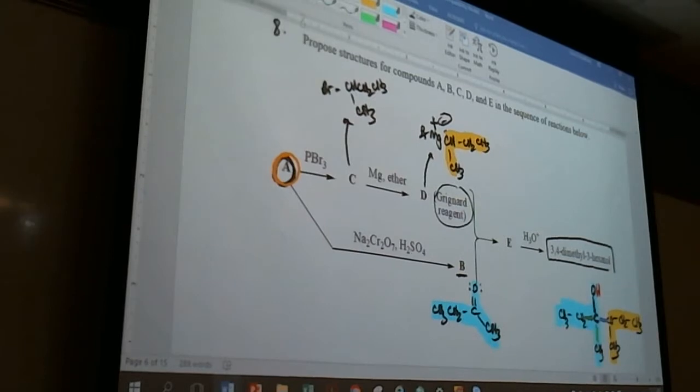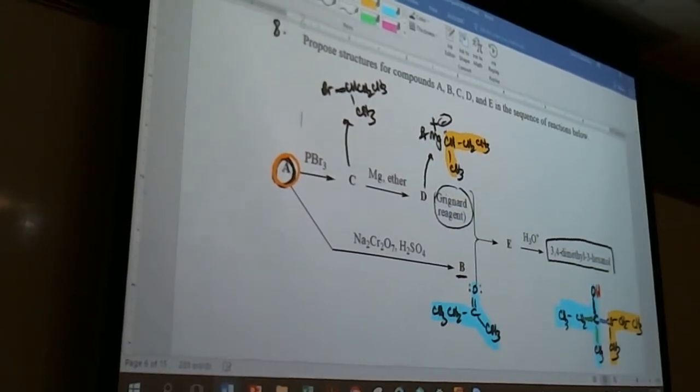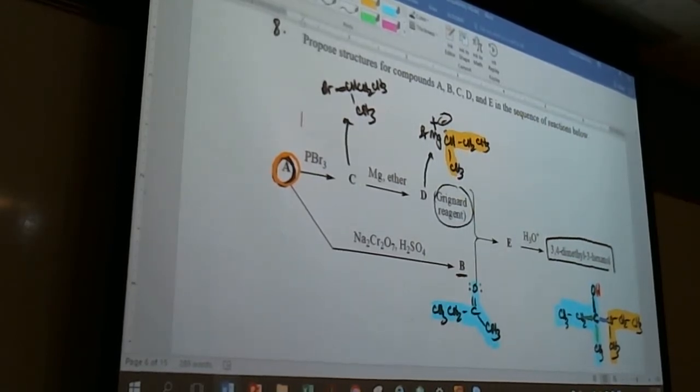Now, this alkyl halide was formed from what? To which I added PBr3, or this ketone was formed from what after oxidizing? What do I oxidize to a ketone?